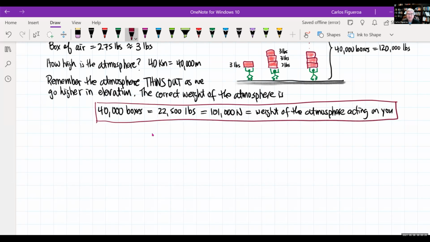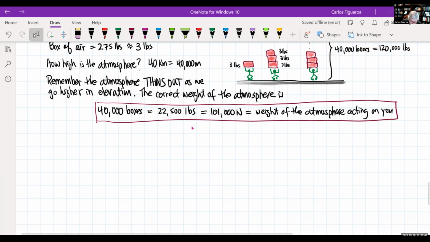You probably didn't realize that you had 22,000 pounds acting on you, right? Who would think that? Who would think that you would have that much weight acting on you? Not me.